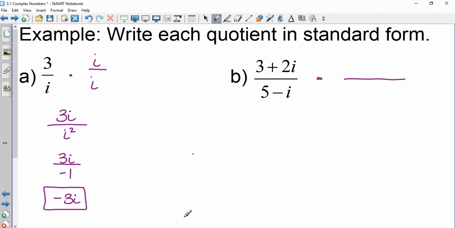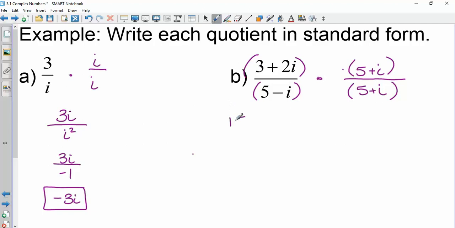Does anyone remember what you have to multiply by instead? Yeah, 5 plus i, the conjugate. Just like when we were trying to get radicals off the bottom, you multiply by the conjugate. But we just did examples with multiplying, so this isn't too hard. We can handle that. We have to FOIL.